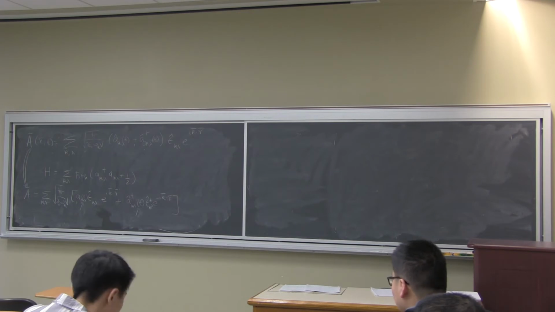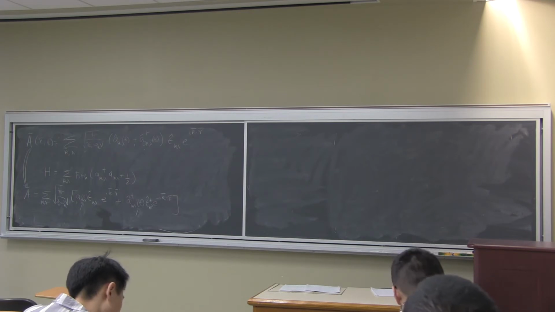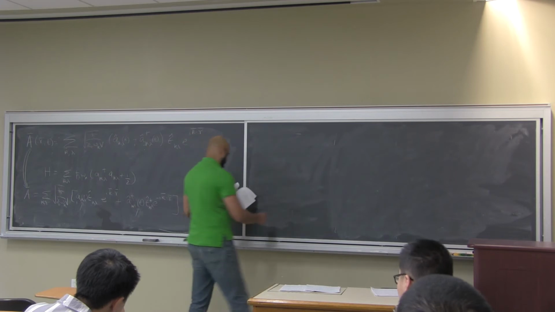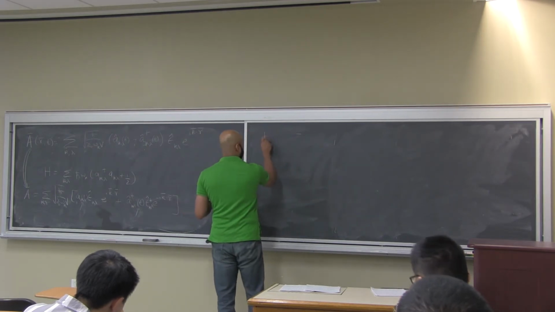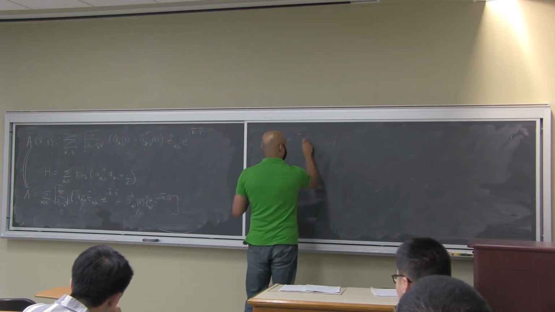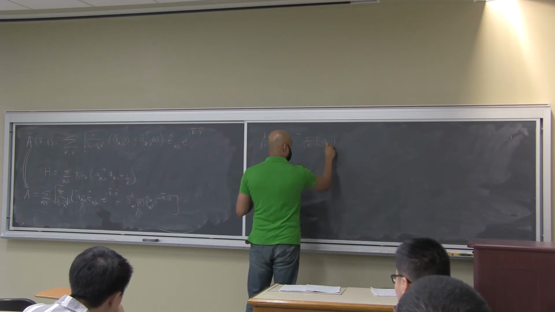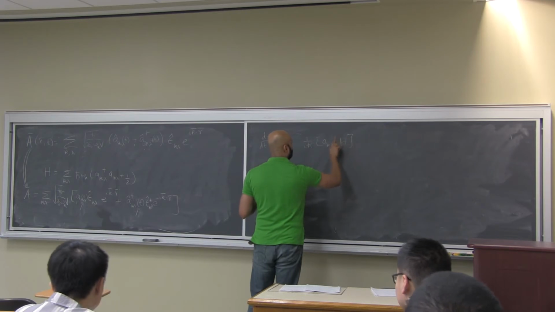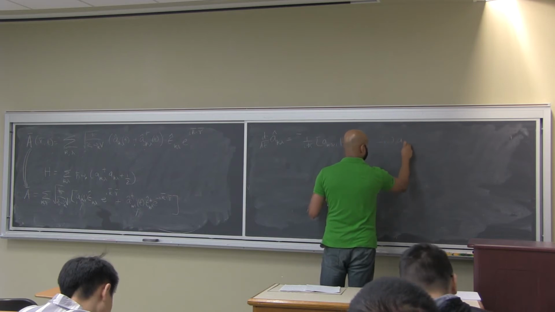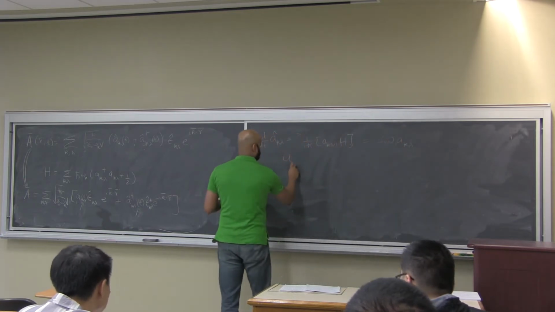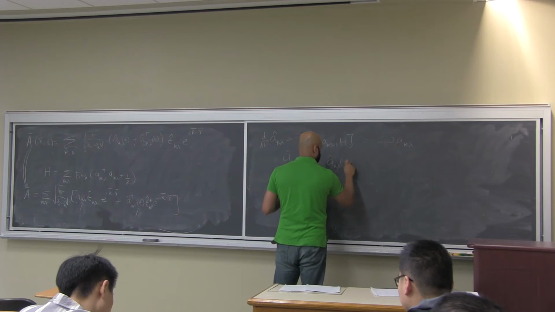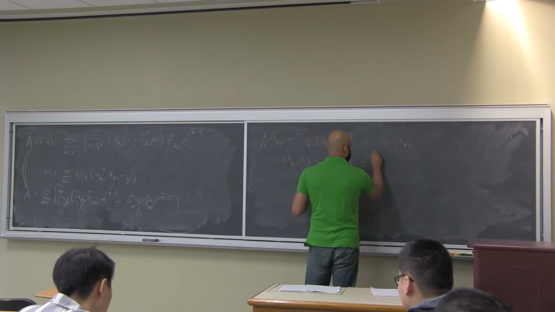In this Heisenberg picture, the operators are evolving, and to find the derivatives we need to know a_kλ of t, which we can find from the Hamiltonian, because in the Heisenberg picture, d/dt a_kλ is equal to 1 over iħ times the commutator of a_kλ with H, which we can easily show is simply minus iω a_kλ. Therefore, a_kλ at time t is the operator at time 0, which is the Schrödinger operator, times just a phase factor.